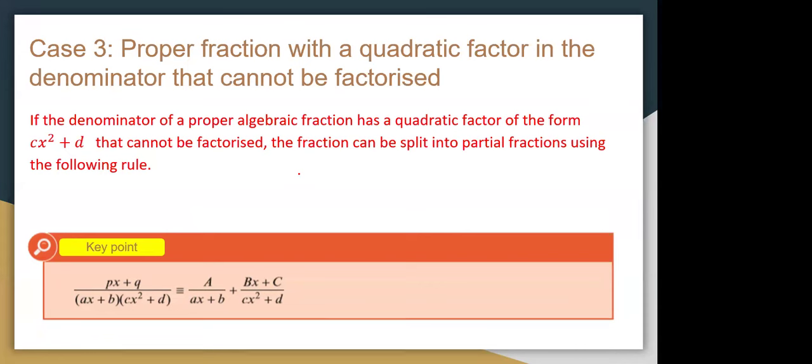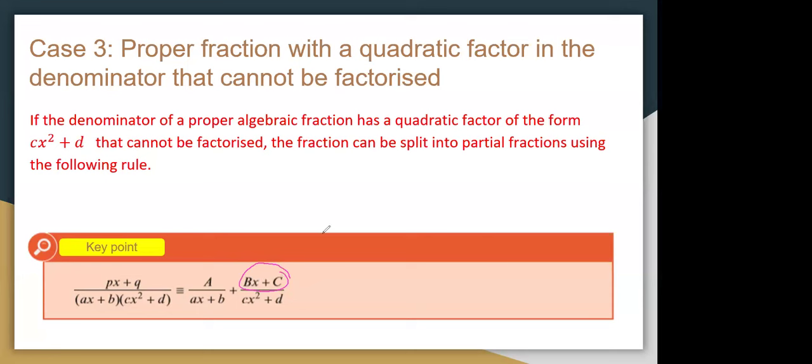Now, for such equations or such proper fractions that you cannot factorize, this is how we approach them. The key thing I want you to observe is that for that quadratic factor, we shall always have bx plus c on top.